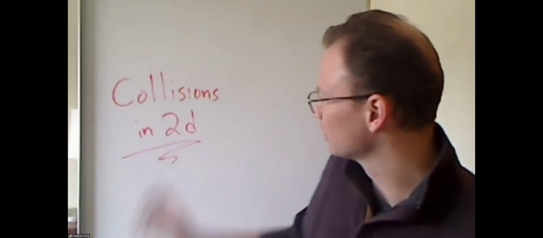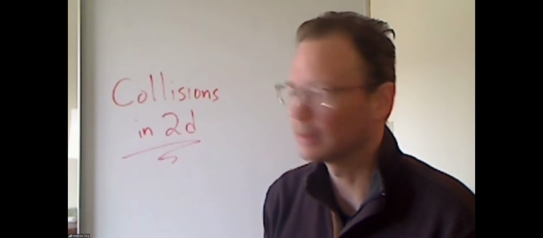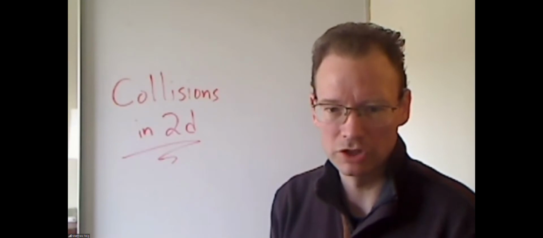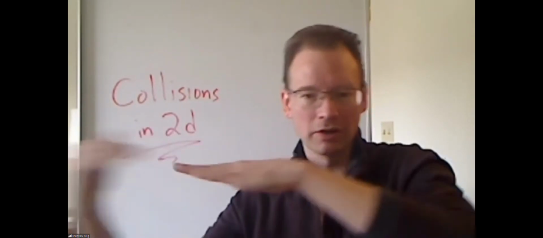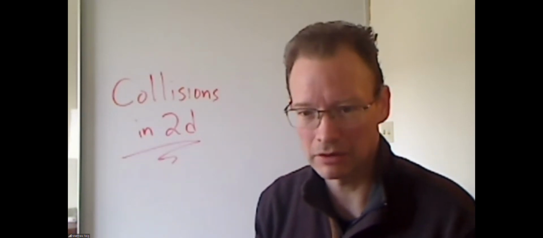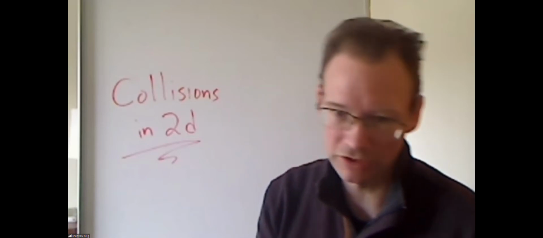All right, collisions in 2 dimensions. So let me think back. Before break, we had a lab which was the 1D collision between the blue cart and the red cart on the one-dimensional tracks. And we had photo gates to measure velocities and scales to measure masses.